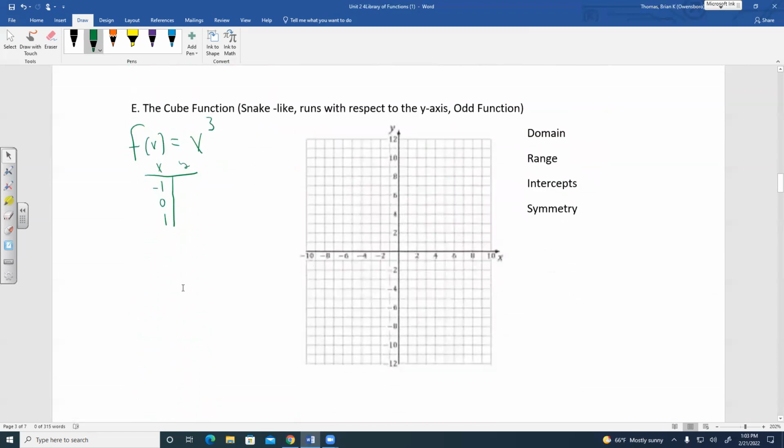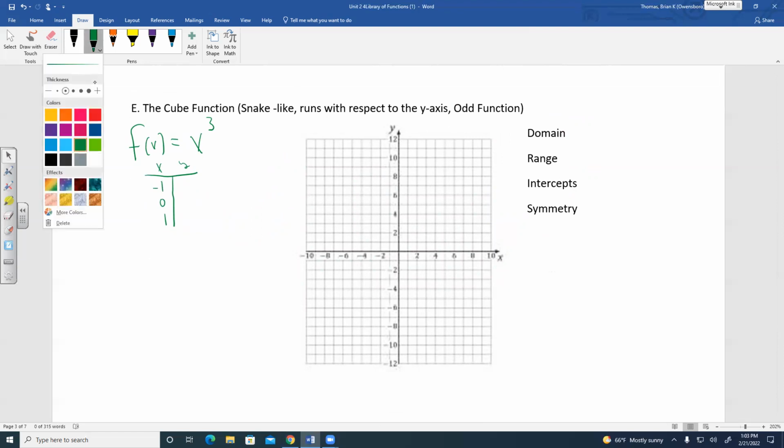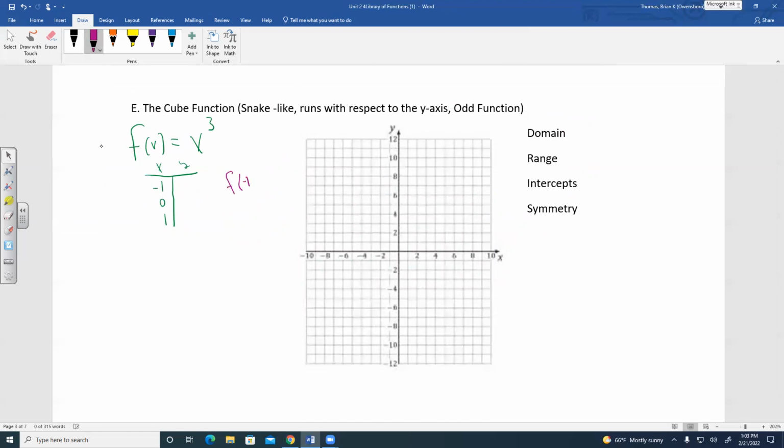The next function that we need to get familiar with is what's called the cube function. It's snake-like, and it's going to run with respect to the y-axis. This is going to be an odd function as well, and remember, odd functions are symmetric with respect to the origin. So if I evaluate f(-1), that is (-1) cubed.